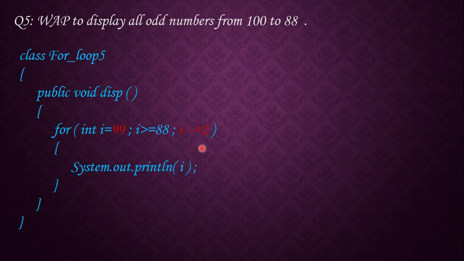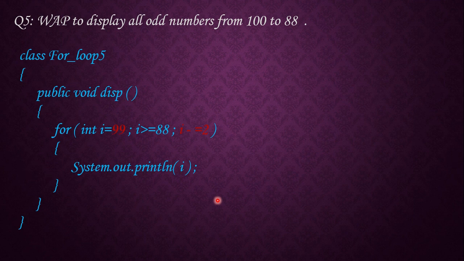Okay. So I am displaying the odd number series here, 99, then minus 2 will be 97, and again minus 2 will be 95, and so on. That means it will be showing up to my value 89, because after 89 the next odd number will be 87, but that is not within my range.